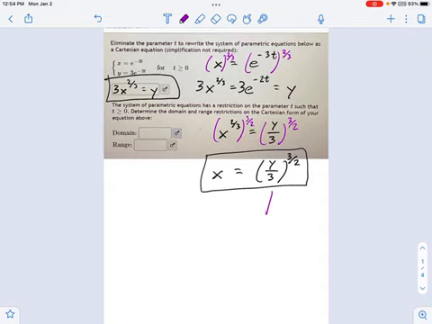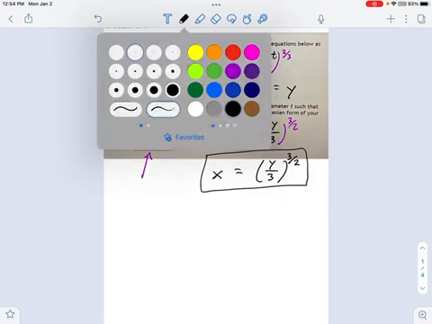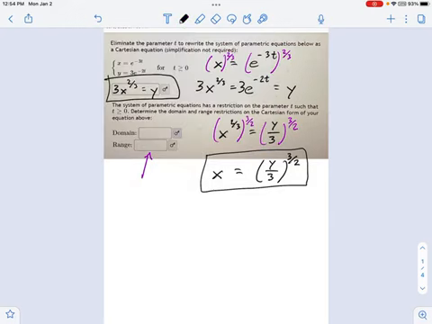So these are not exactly the same equation, and the reason you're going to get credit for both of these answers is because we are assuming that you are restricting your domain and range to make it appropriate, right? These equations will look the same over a certain interval. And let me give you an example.